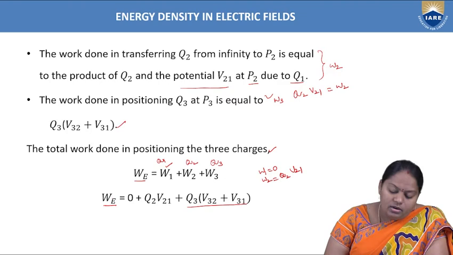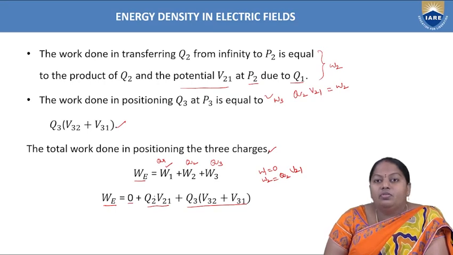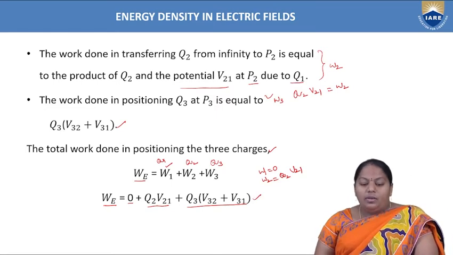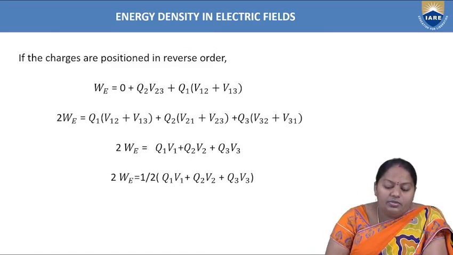Hence the total work done in order to assemble 3-point charges is W1 equal to 0, W2 equal to Q2 into V21, plus Q3 into V32 plus V31. Okay, so energy WE. Now based upon this, we are going to simplify that equation.